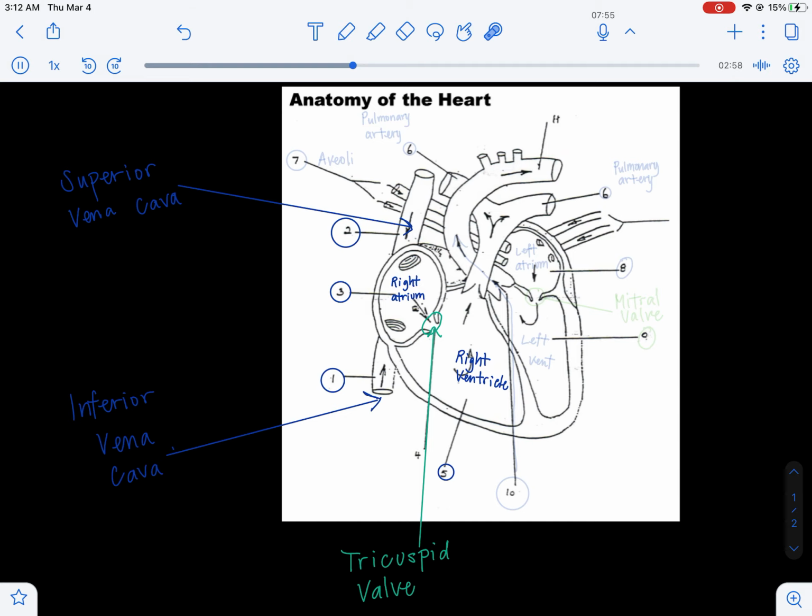And then after the right ventricle, it's going to be the pulmonary artery right here, number 6. And it's going to be on both sides. Okay. Pulmonary artery.